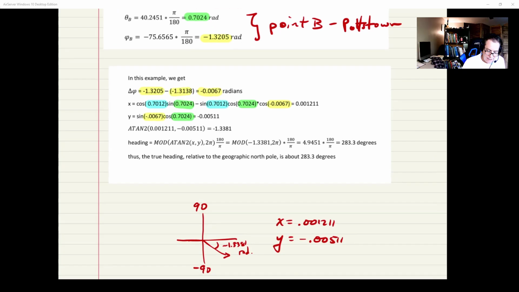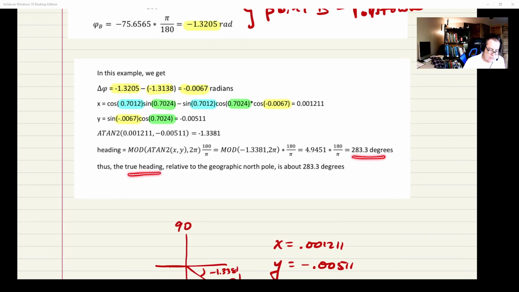So what we've calculated here mathematically is what we'll call the true heading. So that is mathematically the direction needed to travel relative to the geographic North Pole. And the correction comes because of the difference with the magnetic North Pole.